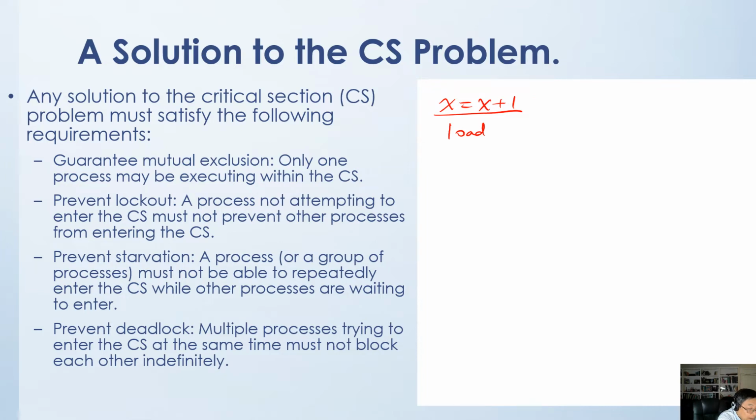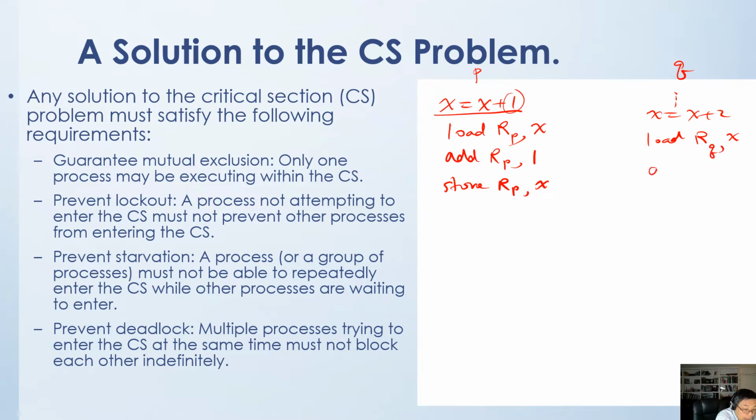For the first process P: load the contents of x into RP, then add the value 1 to register RP, and then store register RP back to X. Then the other process Q executes x equals x plus 2, with its own instructions: load the contents of x into a register I call RQ, then add 2 to RQ, and then store RQ to X.